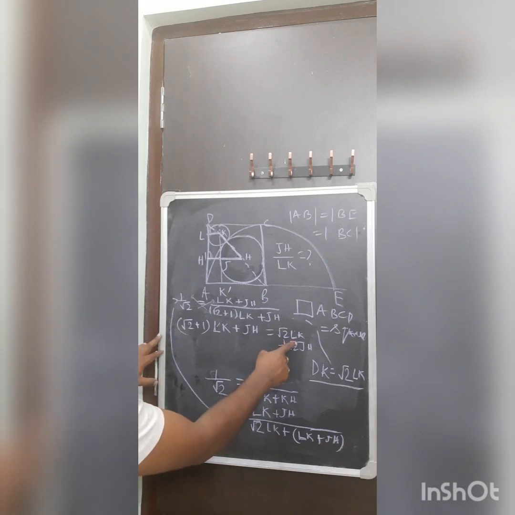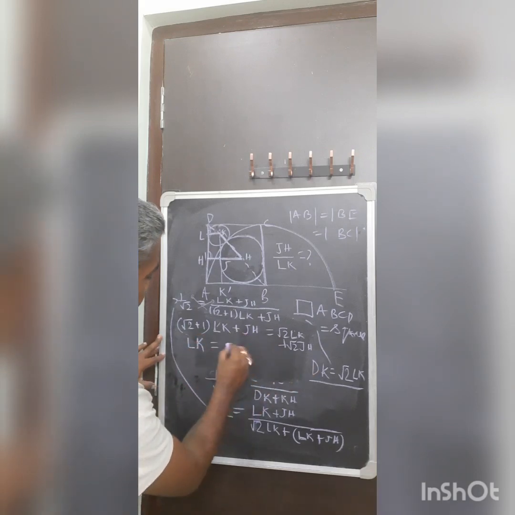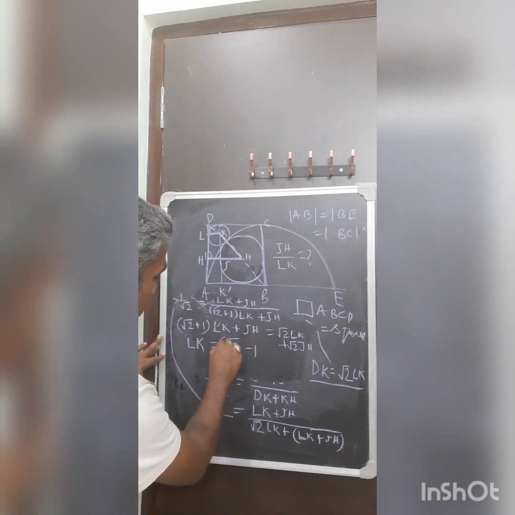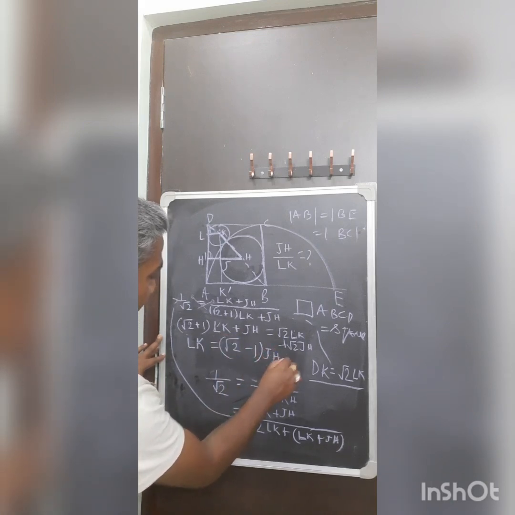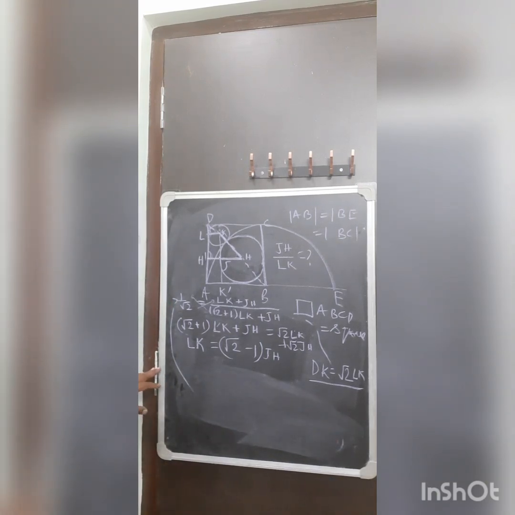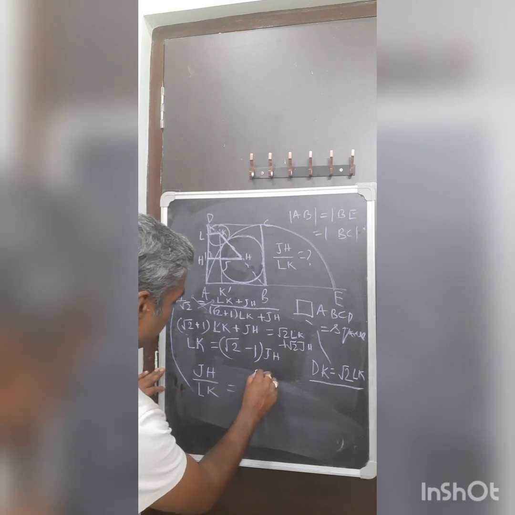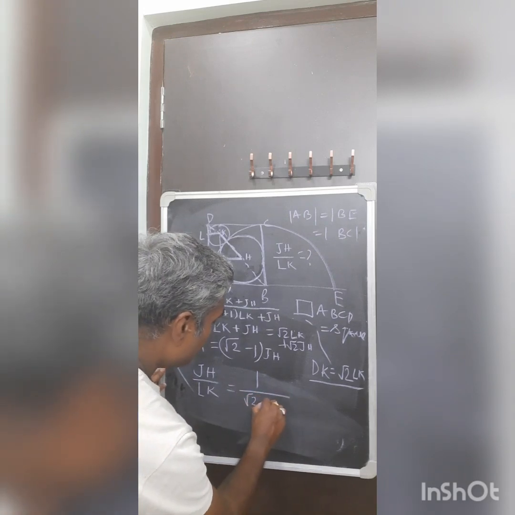Okay, so if I keep LK on one side, root 2 here, if I bring it this side, the one root 2 LK will be subtracted, only LK will be remaining, and here JH on that side, so root 2 minus 1 JH will be there. Okay, now what I have to find is JH upon LK, so I am moving the LK below JH, so the equation will remain as root 2 minus 1.